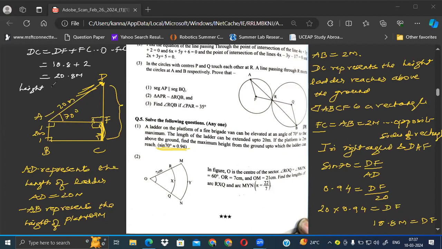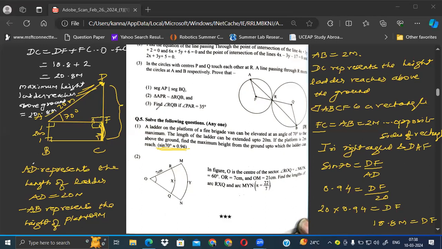Answer: the maximum height the ladder reaches above the ground equals 20.8 meter.